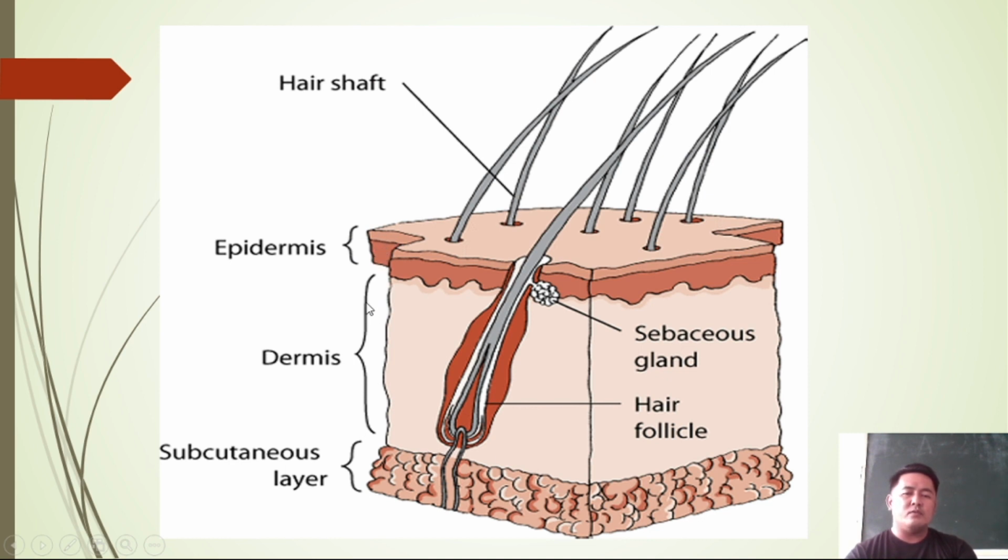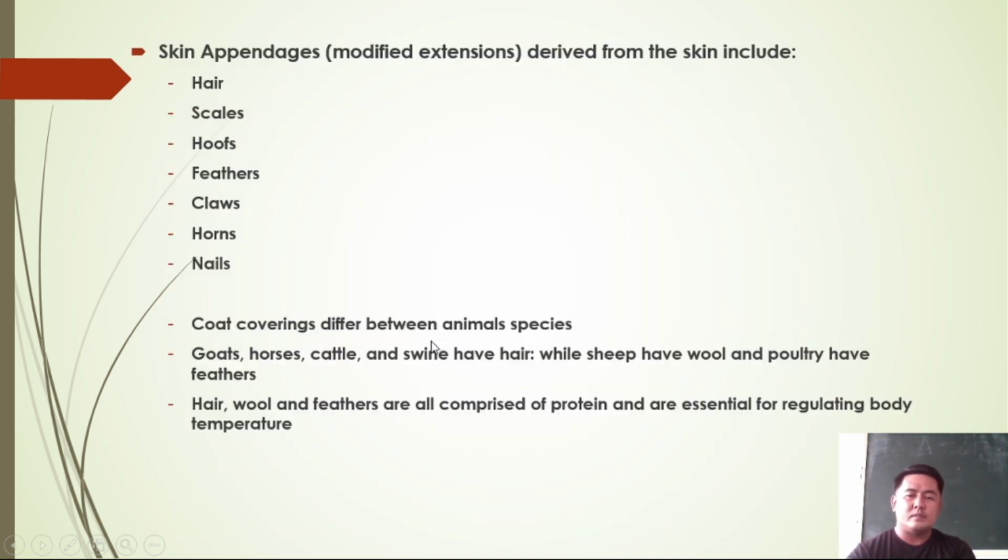The next part will be the dermis, where we see the sebaceous gland, the hair follicle, and the sweat glands. As you can see, the epidermis is thin compared to the dermis.